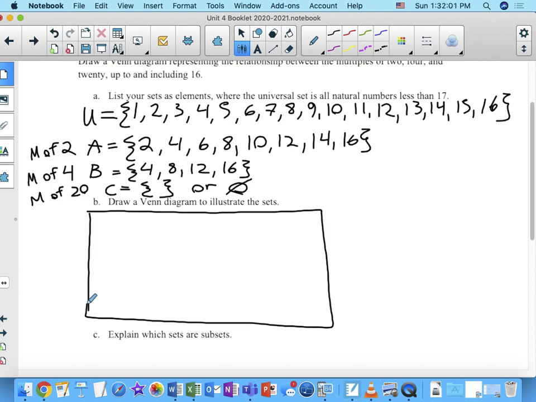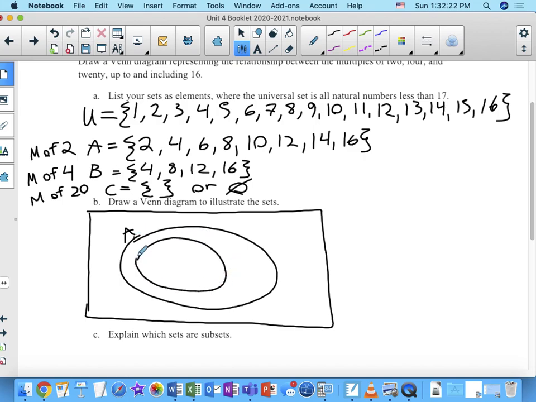And we can see there is, right? There are elements that are common to both. And in fact, when we compare more closely, all of the elements that are in B are also in A. So we're going to have a scenario where we have this subset A, and B is entirely inside of A.